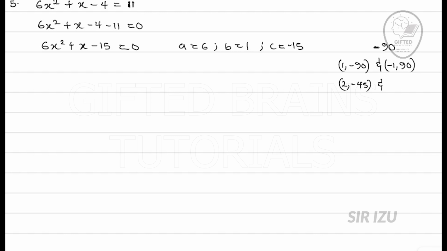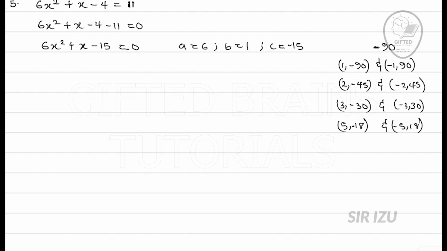Again, we have 2 and minus 45, and minus 2 and 45. Again, we have 3 and minus 30, and then minus 3 and 30. Again, we have 5 and minus 18, sorry, and then minus 5 and 18.